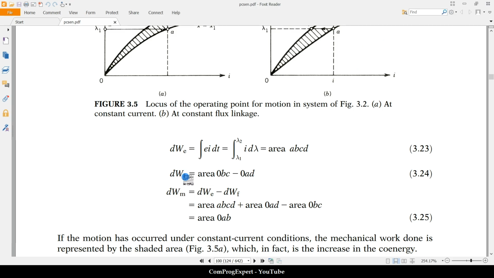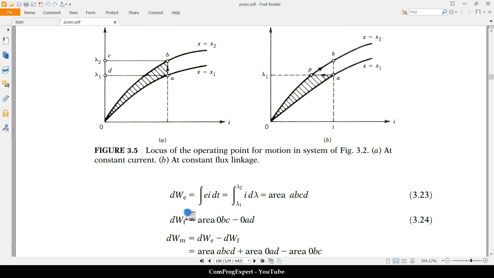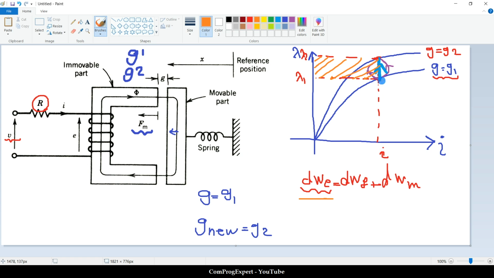And what is the dWf? dWf is equal to this area. When lambda is equal to λ1, the stored energy in the magnetic field is this area. And when lambda is λ2, this is the stored magnetic field, this green one.